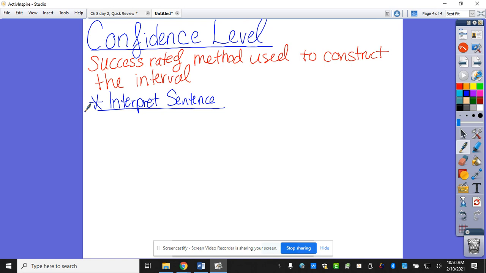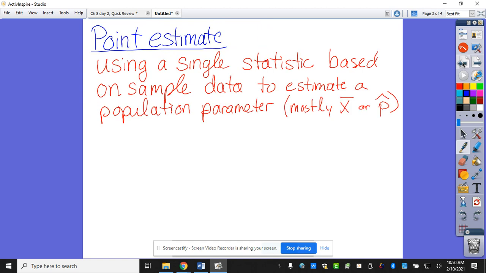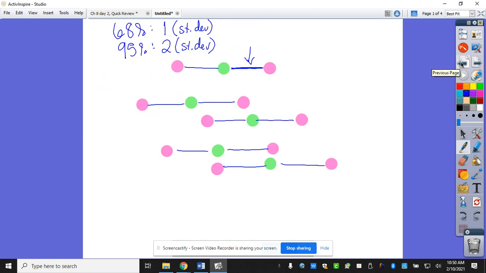So this is that idea that if we make a whole bunch of these intervals, how many of them, I want to see the ones that do what? That actually capture the what? What are we estimating?